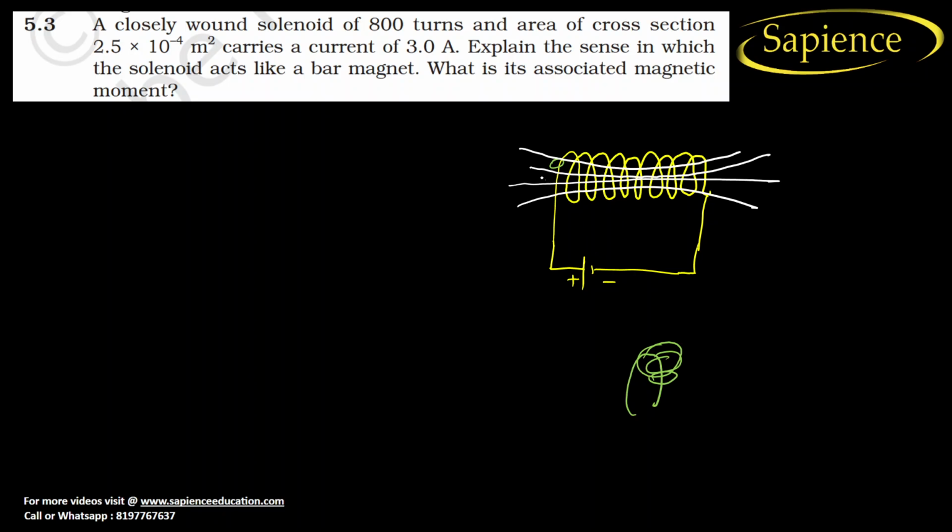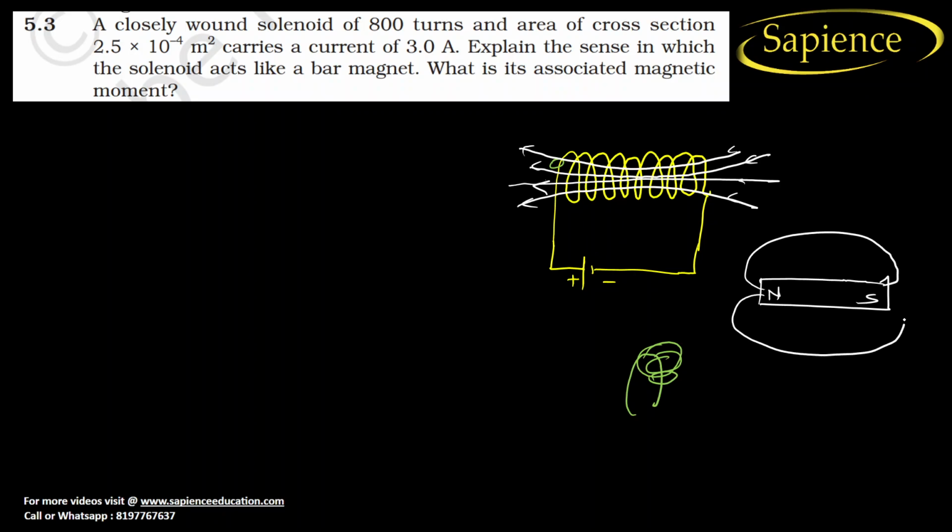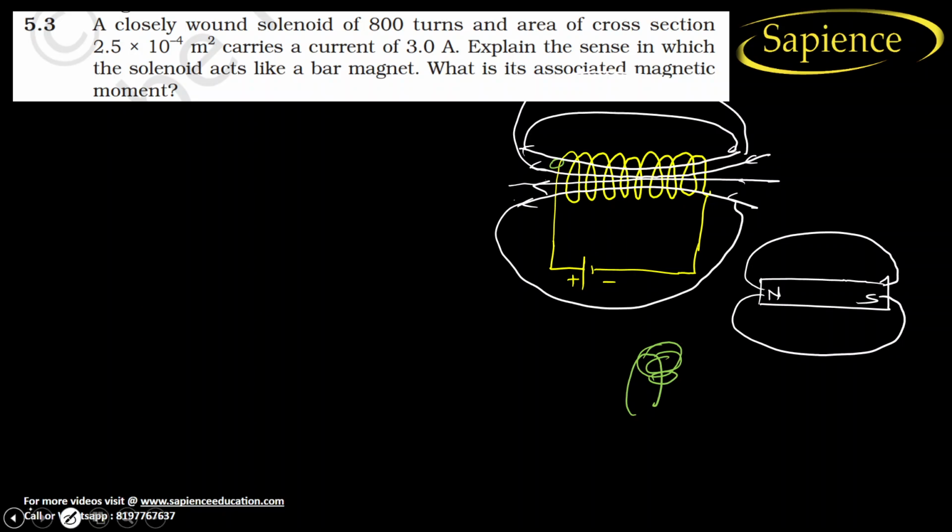So you will find that on one side the field is coming out and on the other side it is going in. If you compare it with a solid magnet, let us suppose this is the north pole and this is the south pole. So field lines will originate from this one and go like this. Field lines are coming out and going inside it. So definitely this side will act as a north pole and this side will act as a south pole.